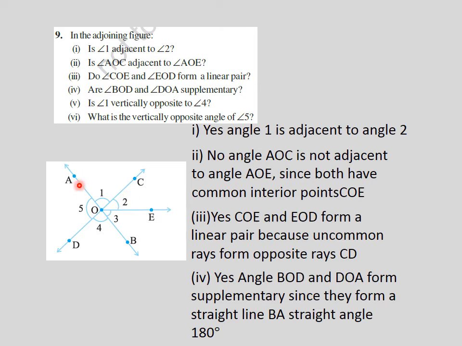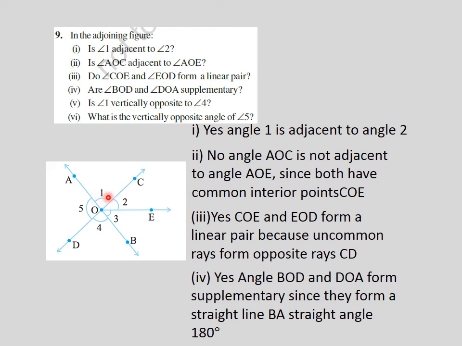They have a common arm, AO is common. But they have common interior points also. AOC is this, and AOE is also having the interior points of AOC. So they have common interior points.